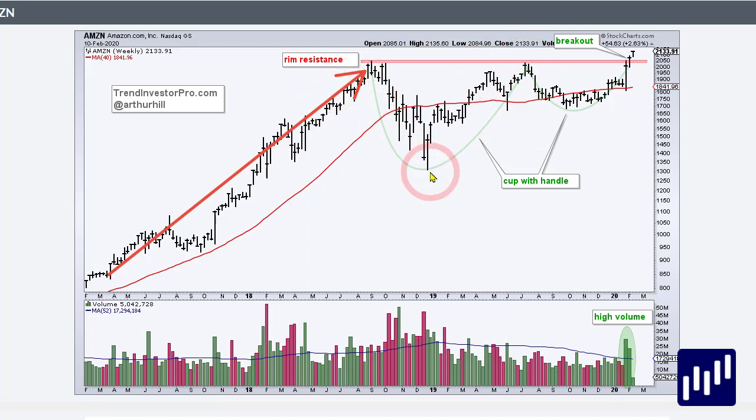So you've had a reaction low and a move back, but you back off of resistance and you form a much higher low than this low here. And so you kind of oval around, and once you're getting up into that resistance zone there, you have your cup with handle. And then the resistance level is called rim resistance.